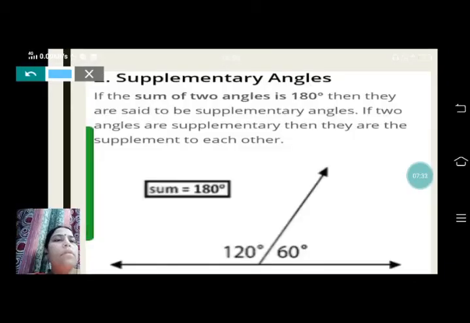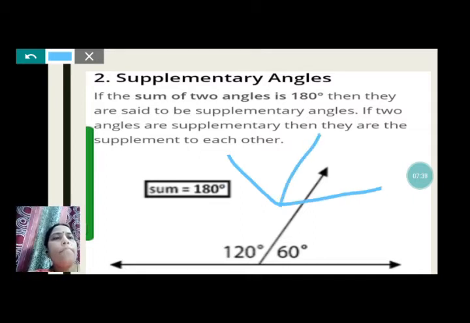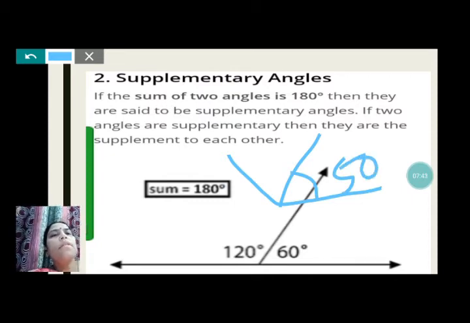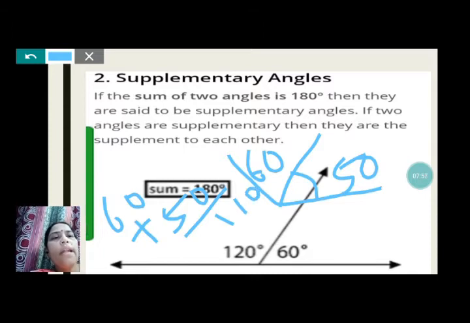Suppose I have this type, where this angle is 50 and this is 60. When I add them, how much do I get? 60 plus 50 is 110.